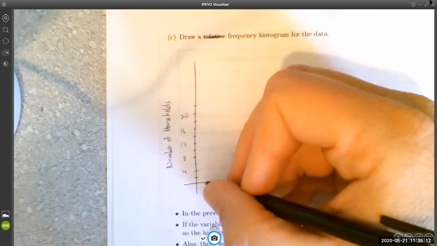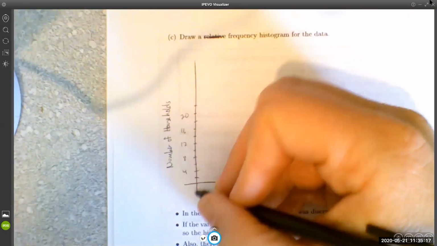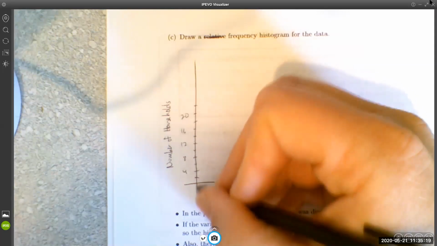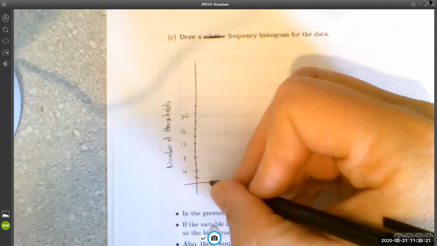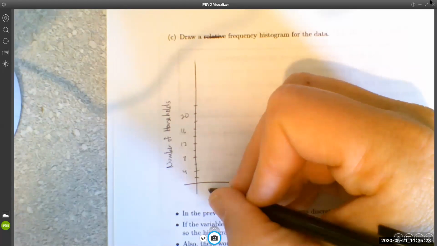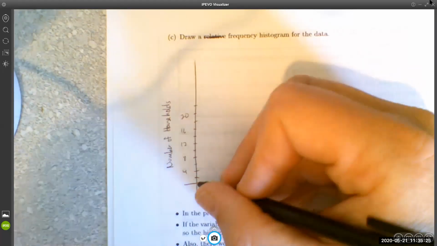So this is the number of households. And down here we'll have the number of cars. So we have to go all the way from 0 to 6. Where the y-axis crosses the x-axis, that should be 0. So I'm not going to make a little tally mark and say 0 over here. That wouldn't make any sense, right? So this needs to represent 0.